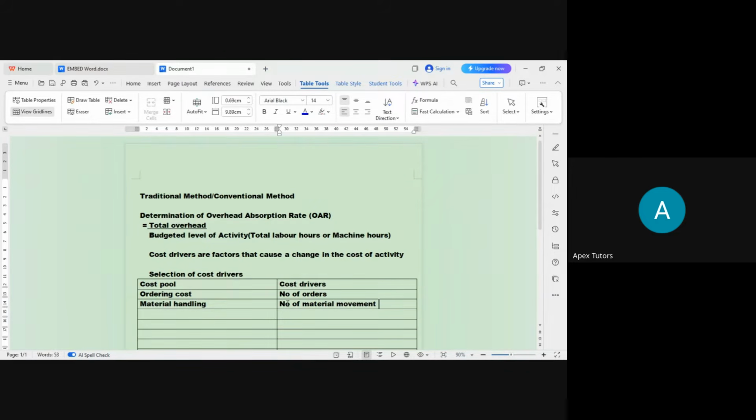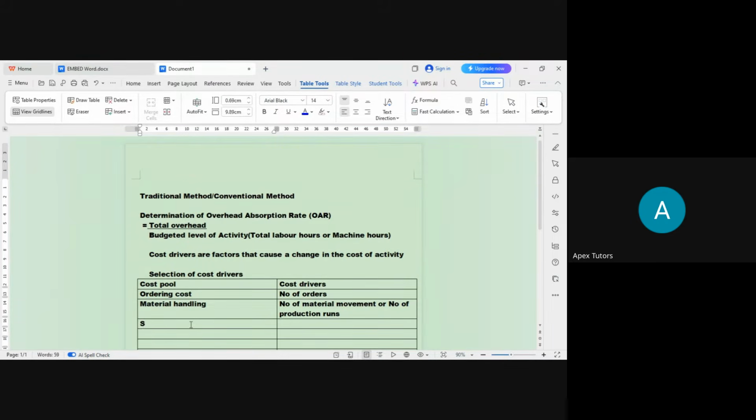Sometimes it can be number of production runs. So how often do you move around to make sure production is set, production is perfect? Number of production runs is a cost driver to material handling.